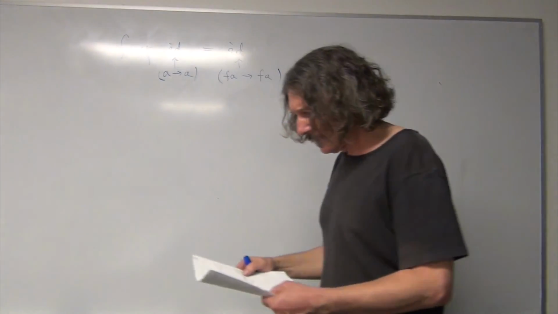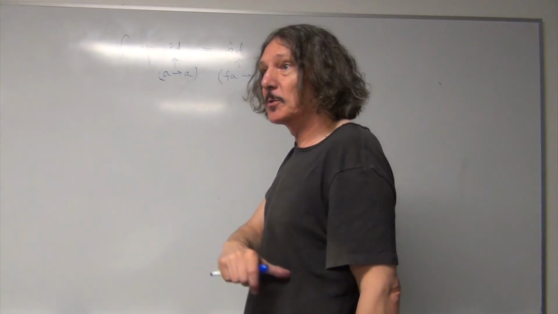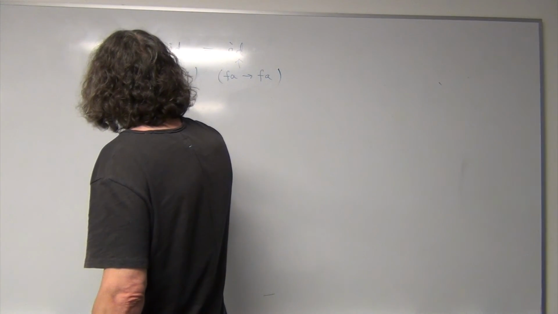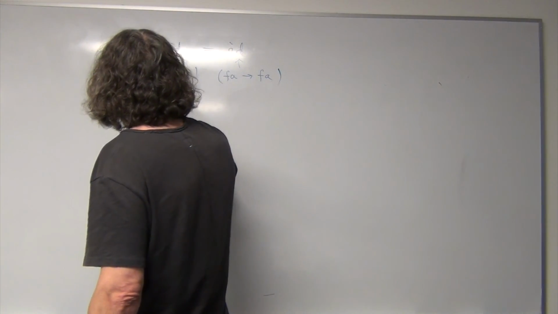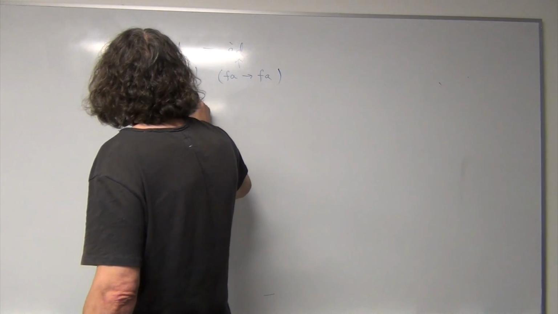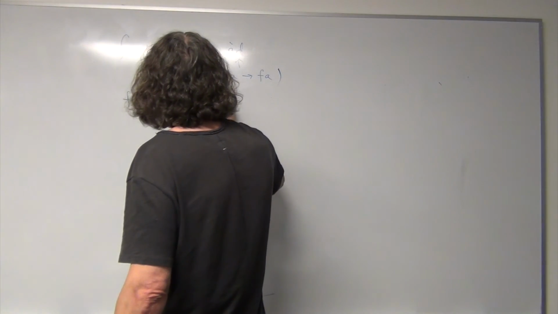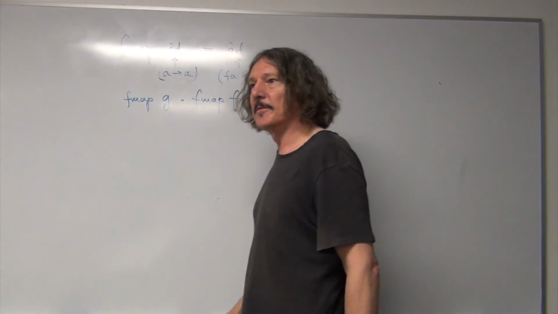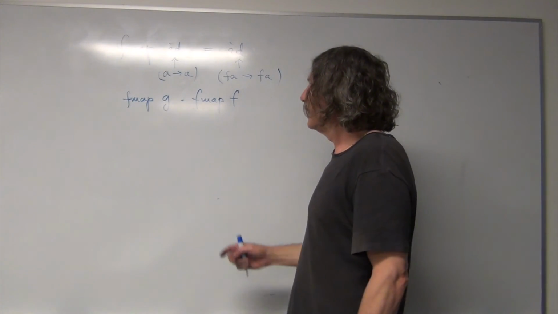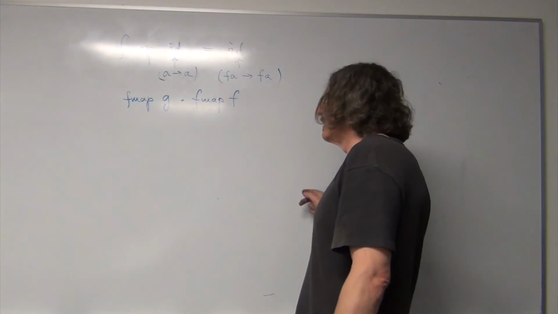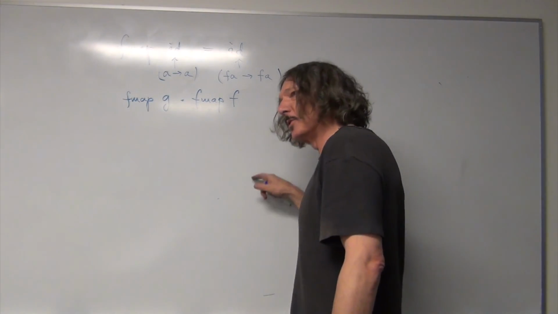And the second law is called the fusion law. It says that if you apply fmap twice, so if you apply fmap g after applying fmap f to some container, right? So you go through this container and apply f to each element.